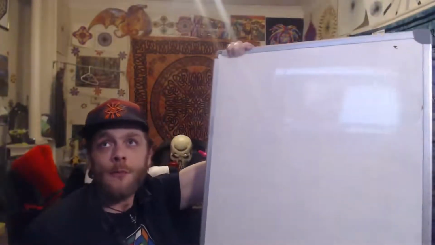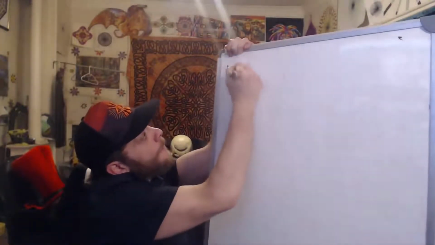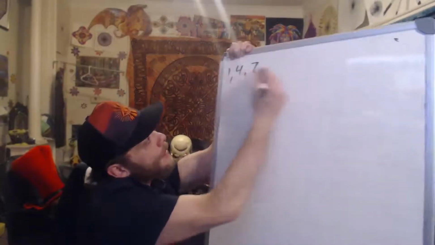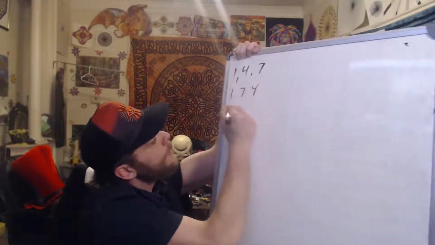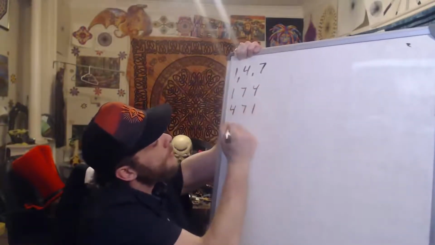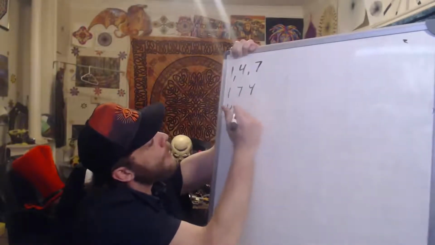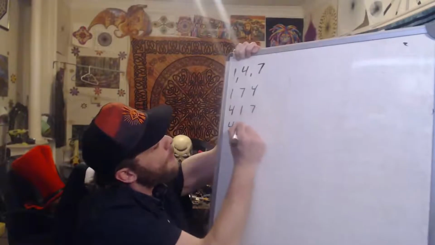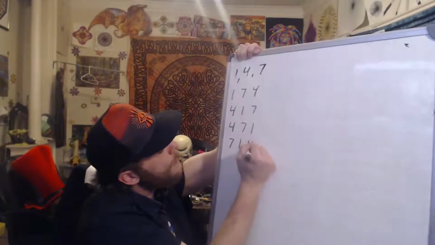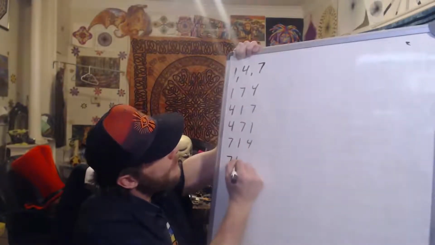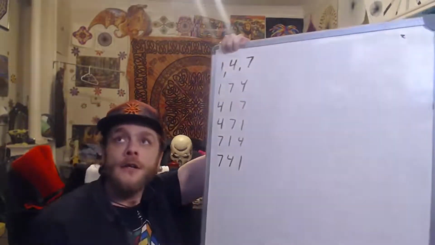So when you have these grouping of numbers, 1, 4, 7, that grouping can also be 1, 7, 4, 4, 7, 1, 4, 1, 7, 7, 1, 4, and so on.